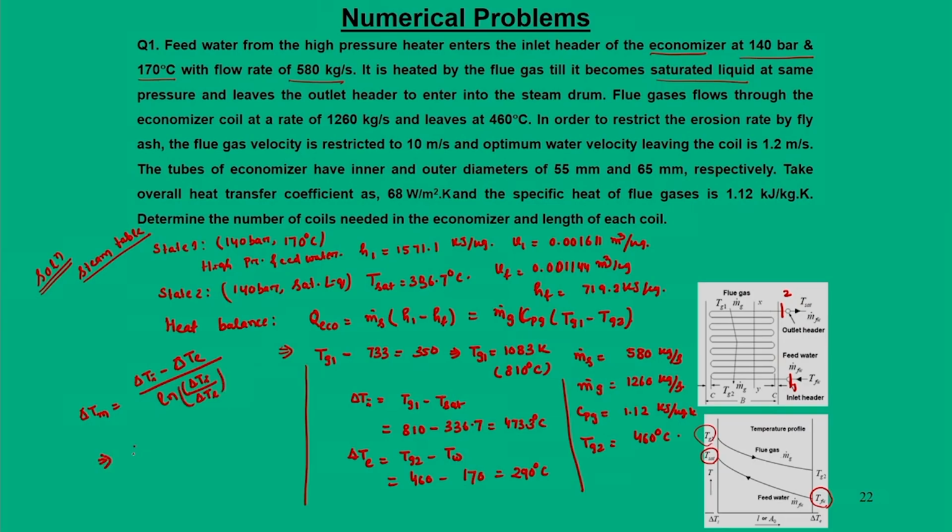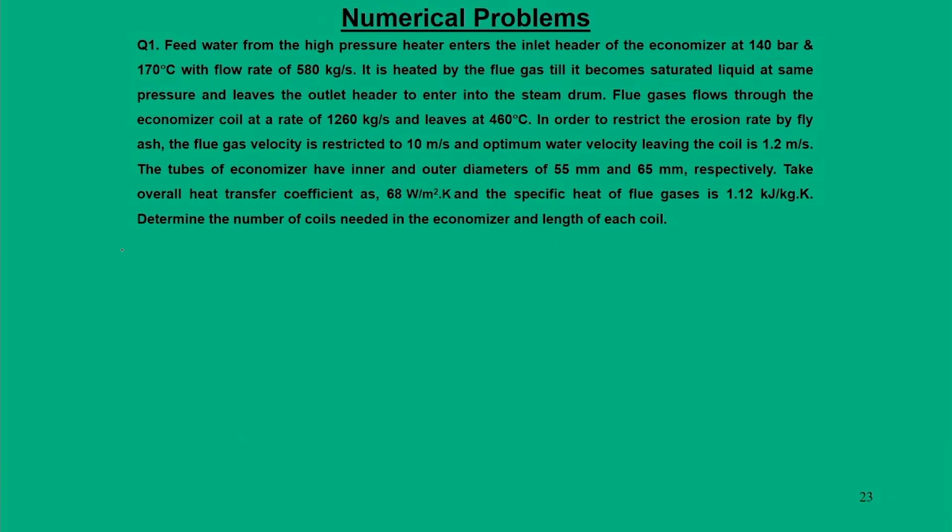So, from this we can say delta Tm is equal to 374 degree centigrade. Now, once we have known this, subsequently this Q can be related to U0, A0, delta T LMTD, right. And what is this Q?